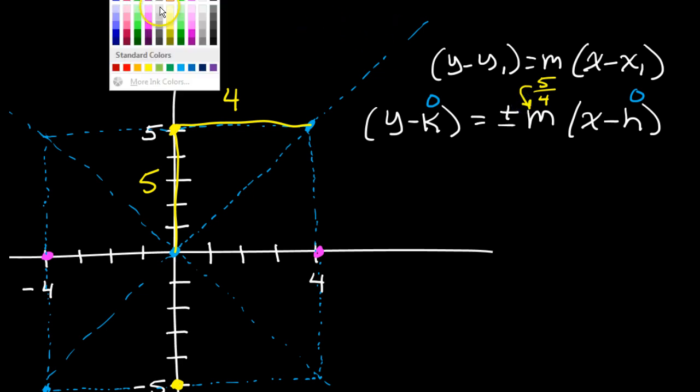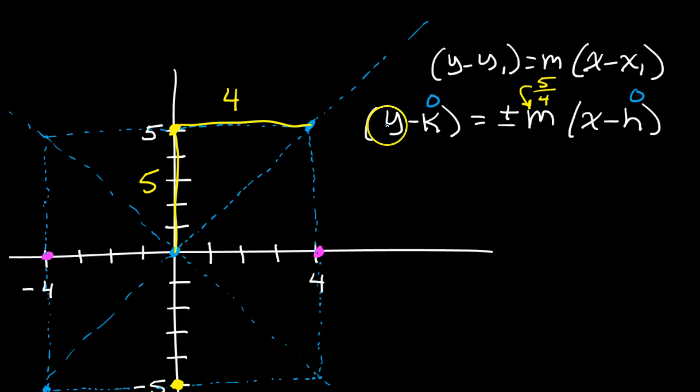So the equation becomes, well, y minus 0 is just y. So y is equal to plus or minus 5 over 4. And then since the h is 0, I'm just going to have x. So that's it.